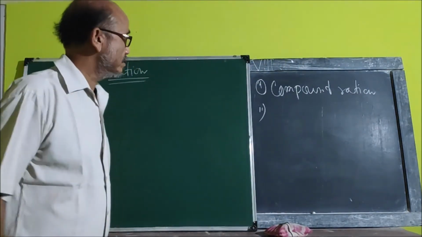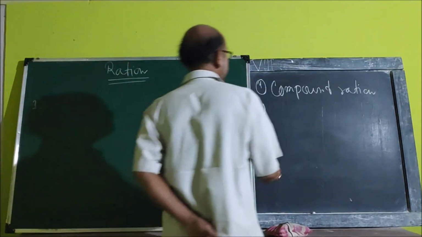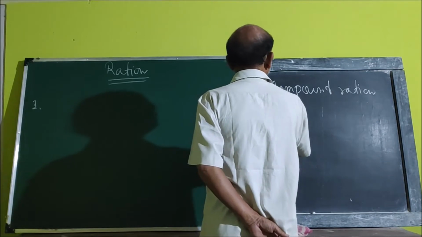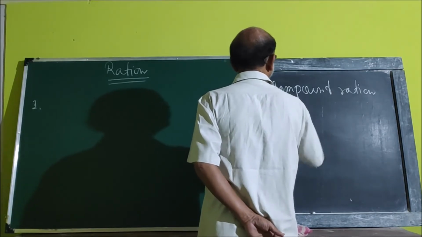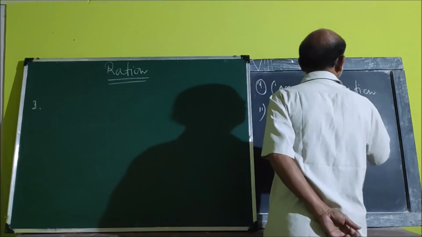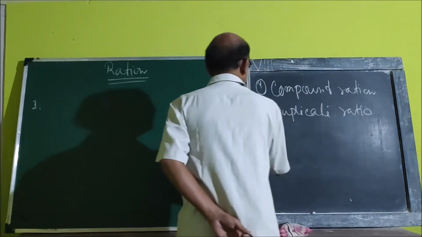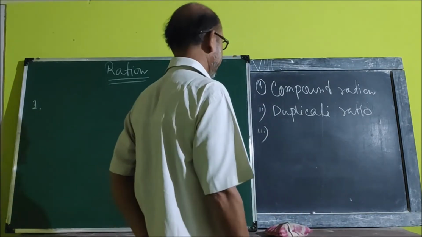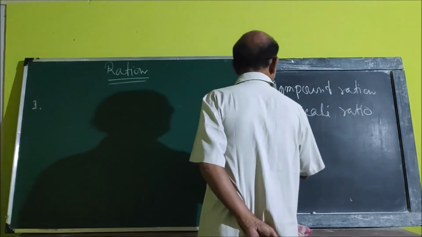Number 2, duplicate ratio. Number 3, subduplicate ratio.